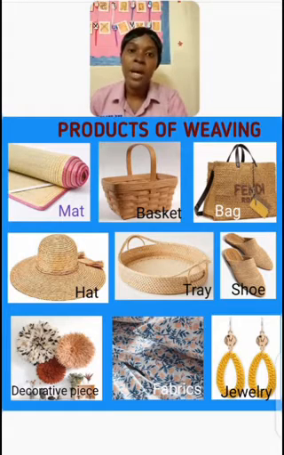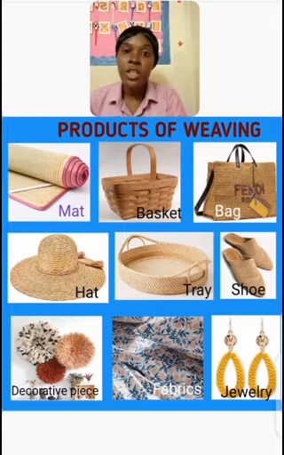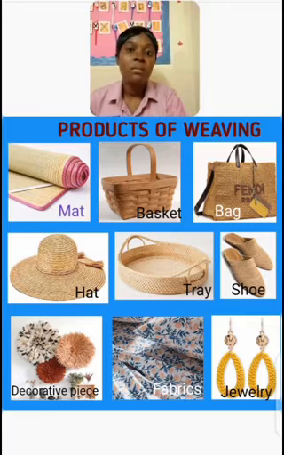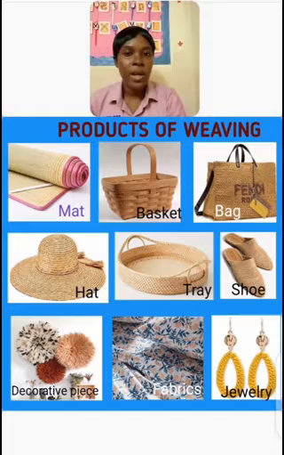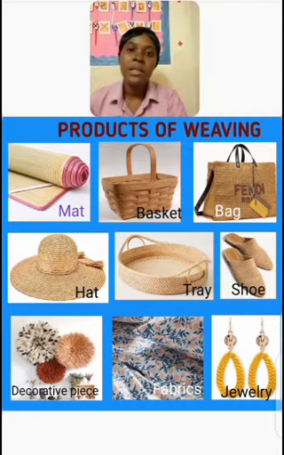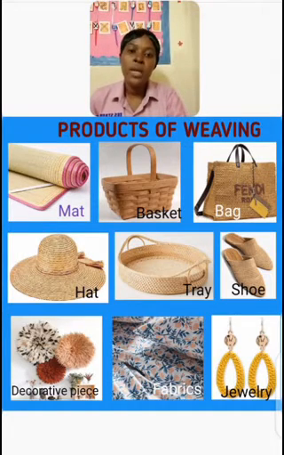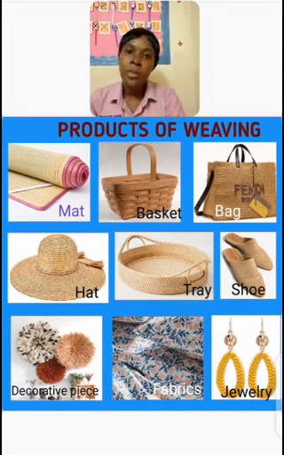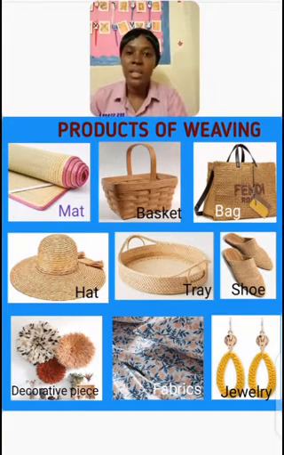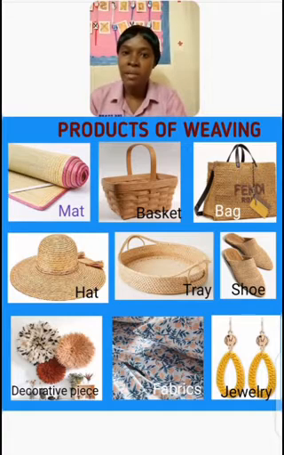When you go to the market, you find women, especially those who sell fish, rice, beans, they love using rattan trays. So when you go to the market, you will find such. This one is a fancy one. Trays can be woven. Shoes can also be woven. Yes, you can see a picture of a shoe right there, right?